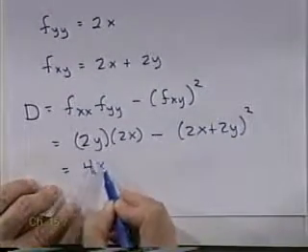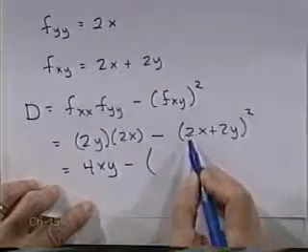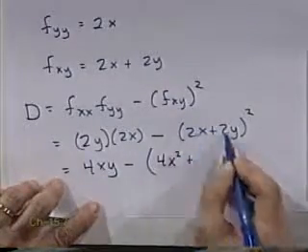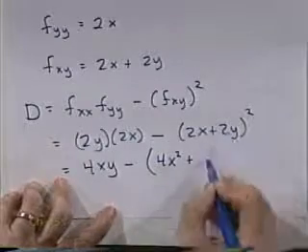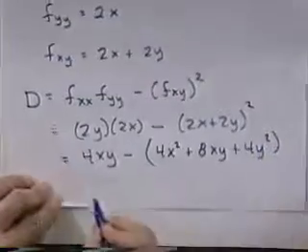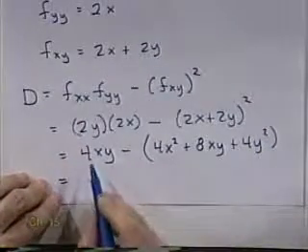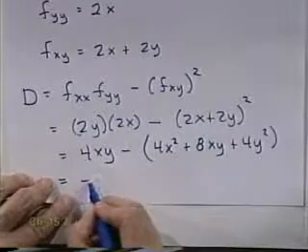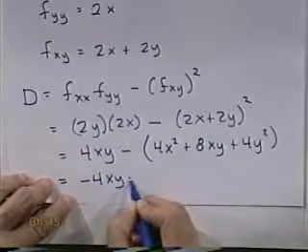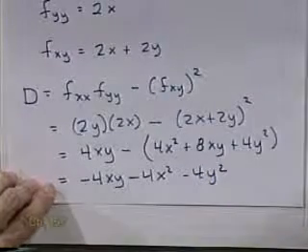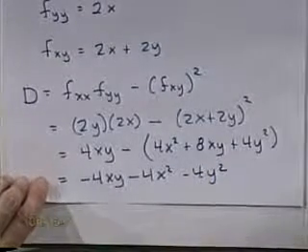This is going to equal 4xy minus, if you multiply that out, you're going to get 4x squared plus that times that is 4xy, and then you need to double it, is 8xy plus 4y squared, or we're going to get 4xy minus 8xy is minus 4xy, minus 4x squared minus 4y squared is what we got our discriminant to equal.